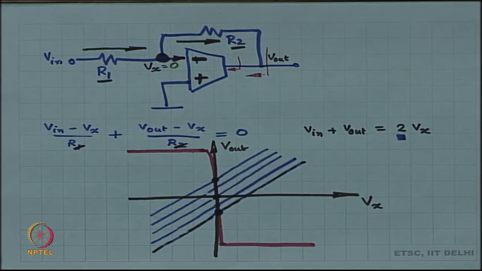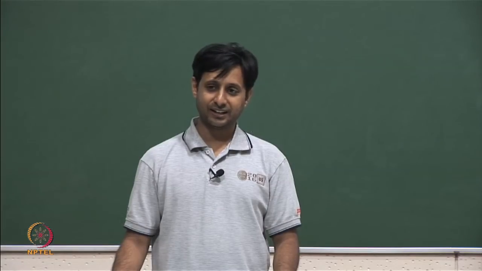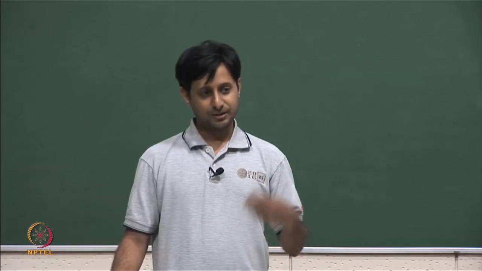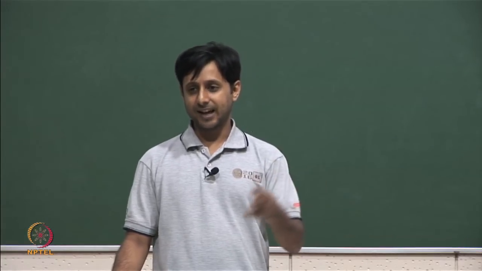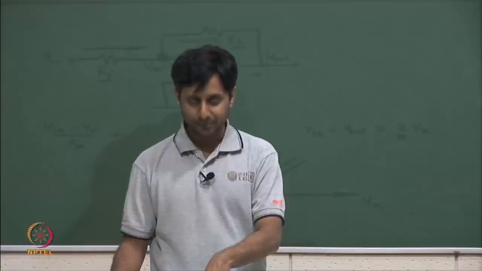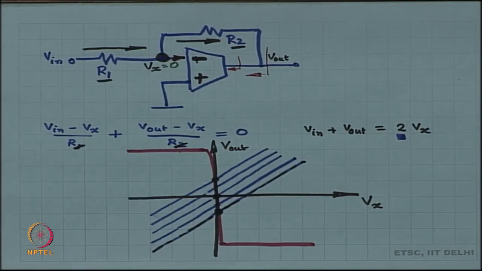So, the gain of the OTA is going to be now the transconductance times the original output impedance in parallel with R2. So, there is a chance that the gain of the OTA is going to reduce.